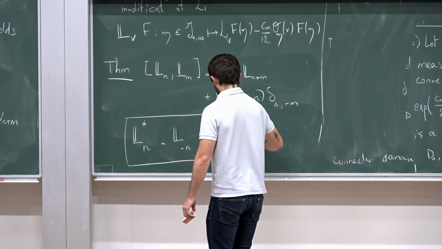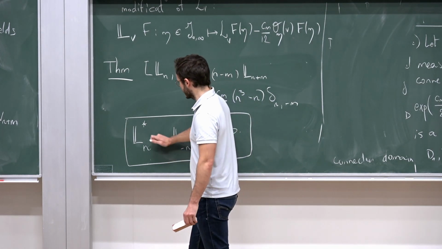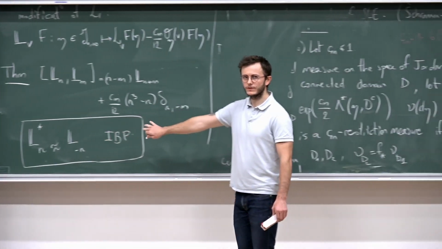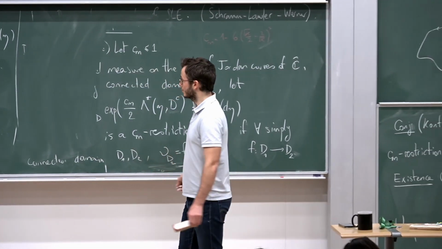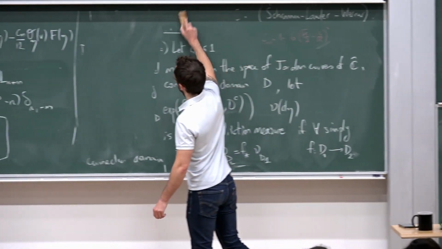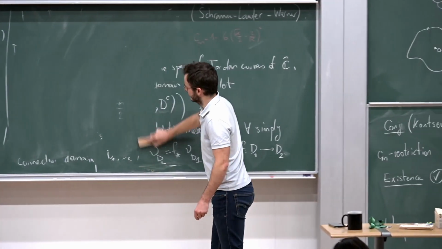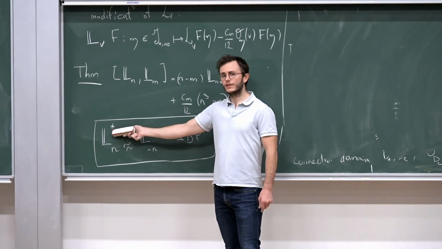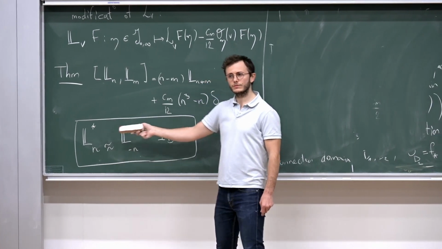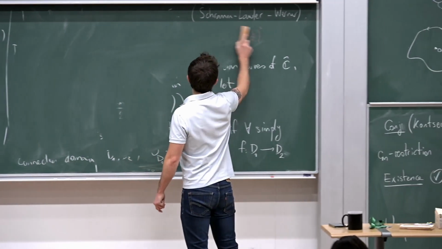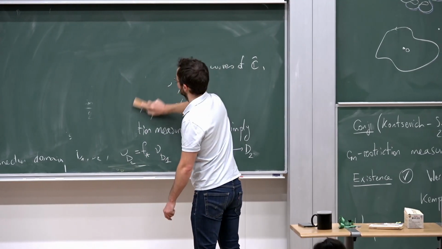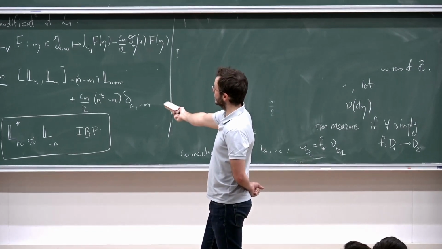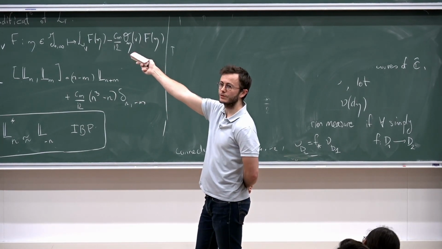I'm going to state this a bit more precisely, because actually this equality is not true like this. I need to modify it a bit. This time, this thing depends very much on nu, because here I'm considering the adjoint with respect to L2 of nu. And going back to the picture I had over there, this will be the analog of the Gaussian integration by parts.